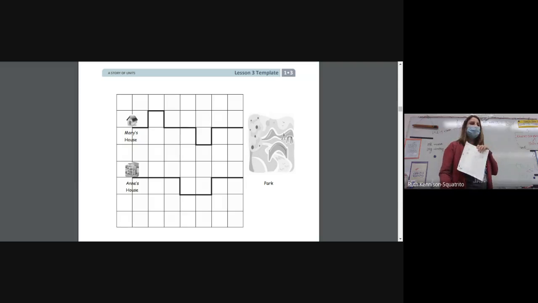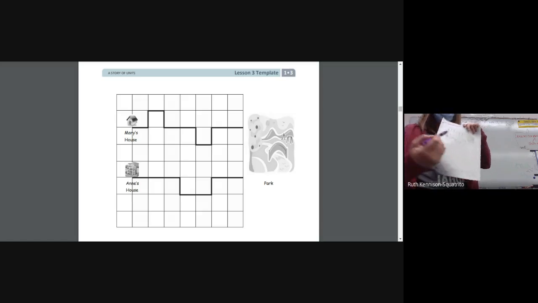Okay, my friend Jimmy is trying to say, well, part of it, he's just trying to count straight across, but that's not how she walked, right? So we say, Jimmy, we love you, but that's not how she walked, right? She didn't go just straight across that path. And then also, we have to count this one right there as 2, because there's that line right there breaking it up.